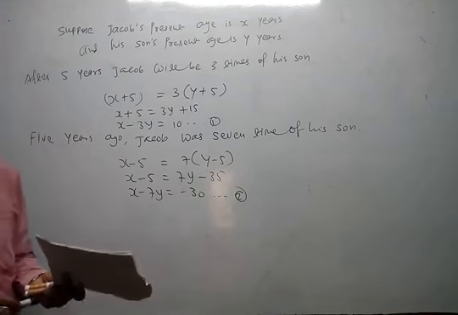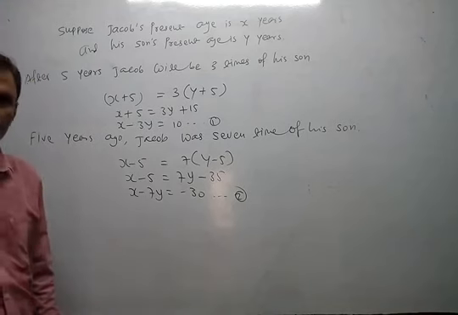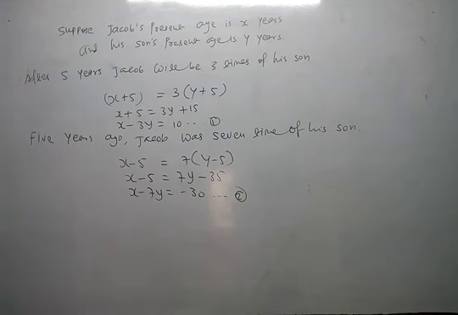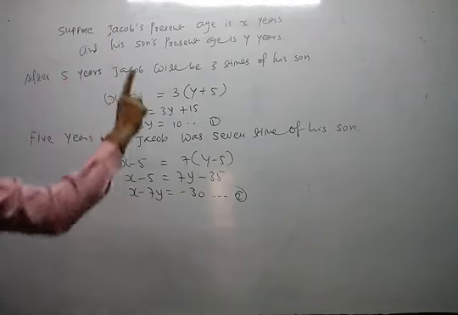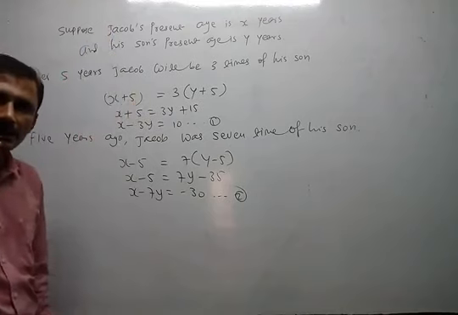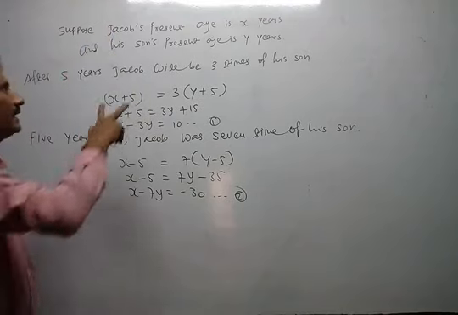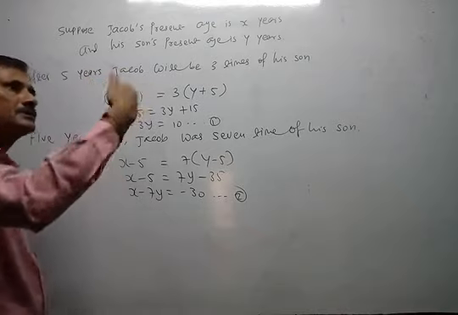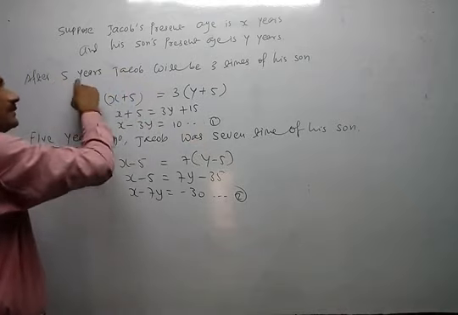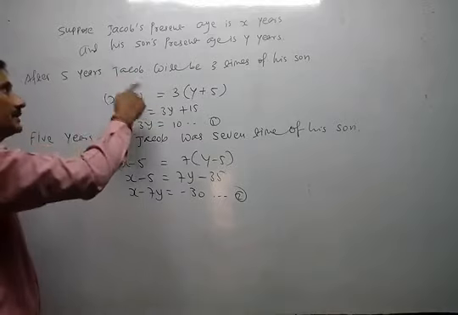Okay, now how to solve? First we revise once. Up to this step, just understand: both present ages are supposed, always present is supposed. And when they talk about past or future, so after 5 years, 5 years hence means after.